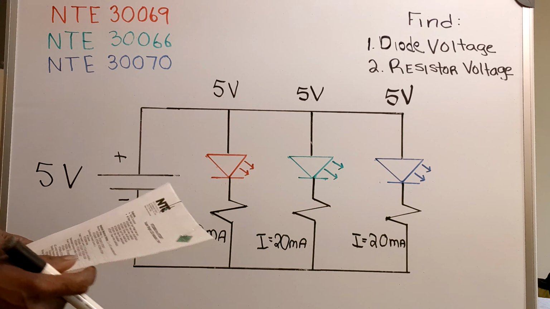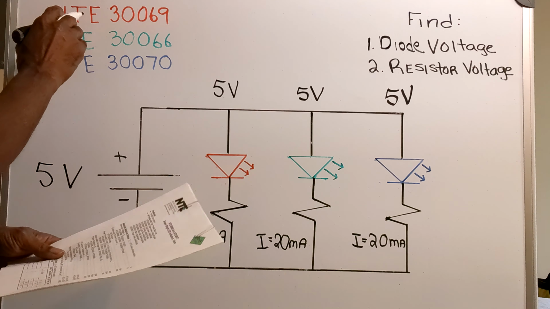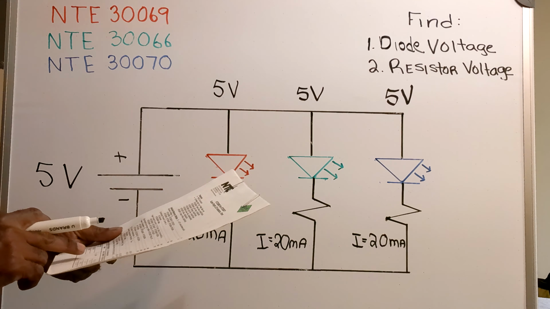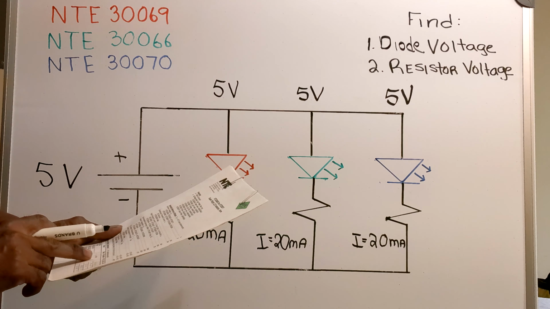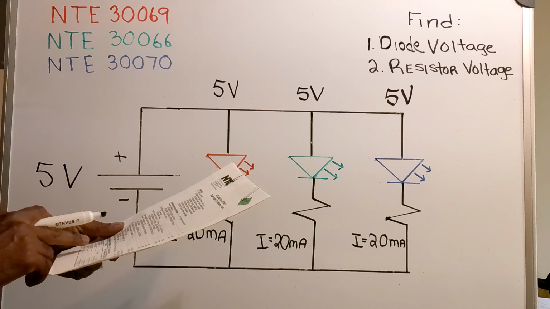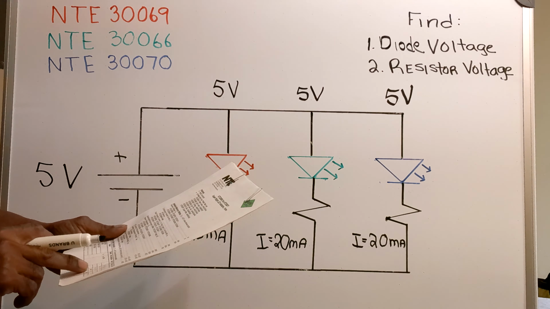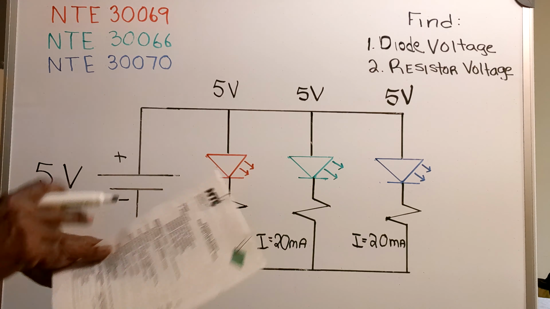Now, according to the data sheet, for 20 milliamps, the voltage across the red diode will be 1.86 volts.